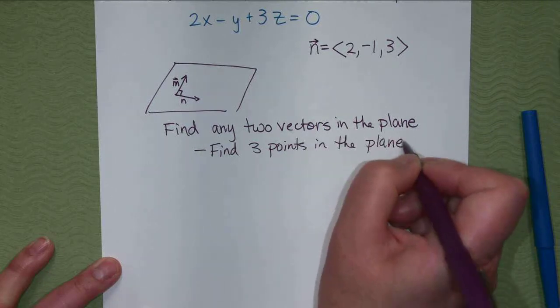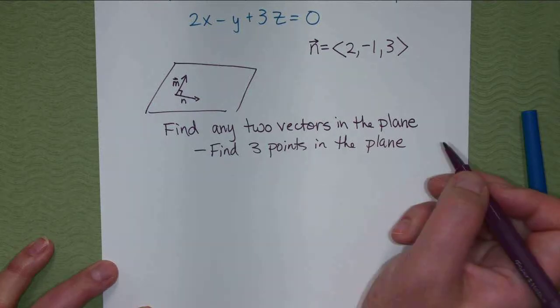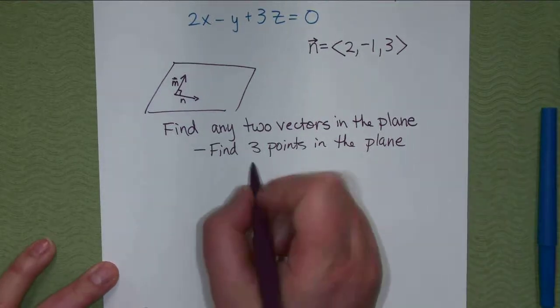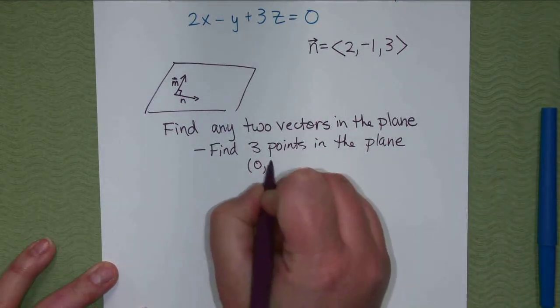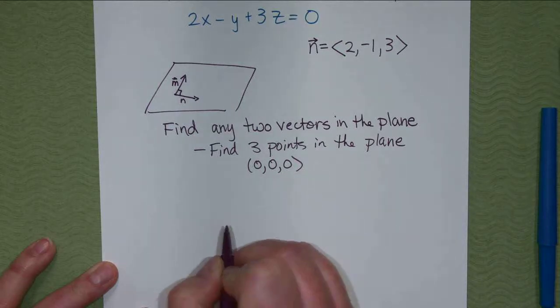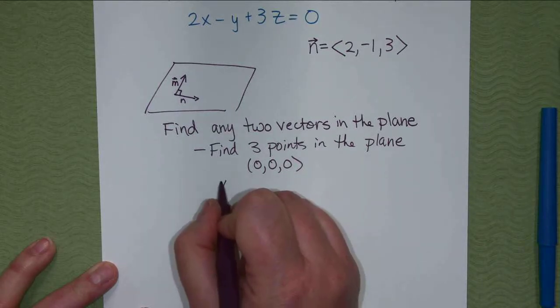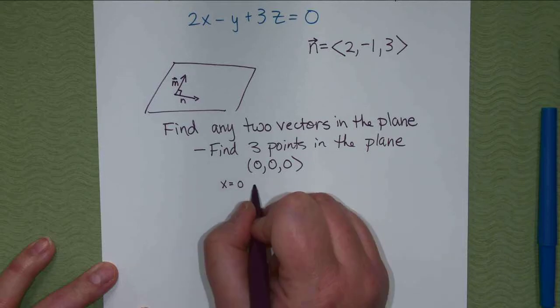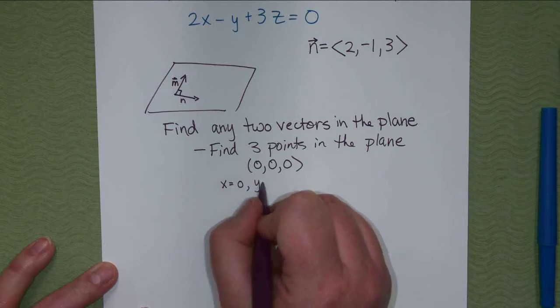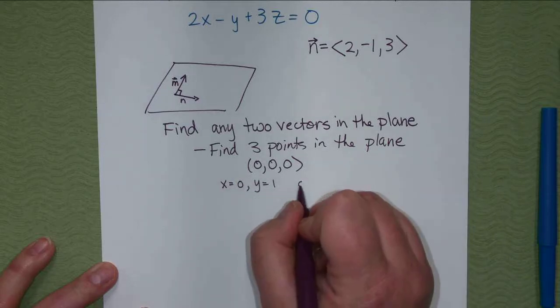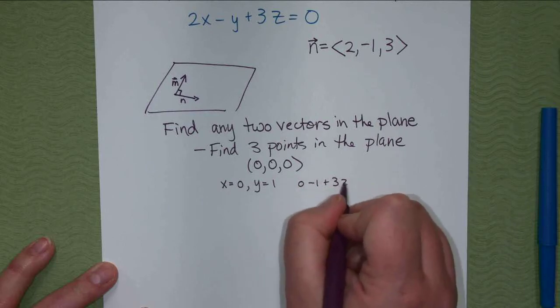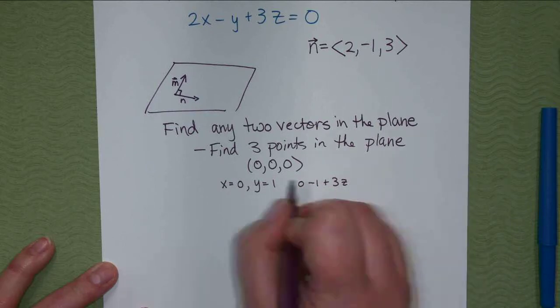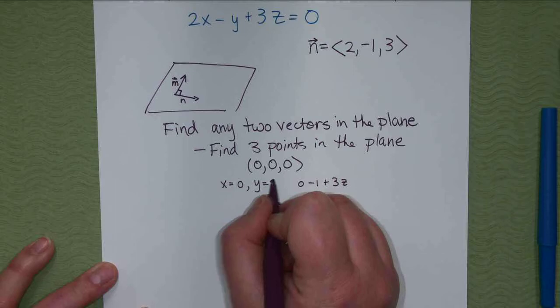So to find two vectors in the plane, find 3 points. Is this the same one as we used earlier? It might even be. 0, 0, 0 is 1. And then if we plug in, say, x is 0 and y is 1, we'll get 0 minus 1 plus 3z.